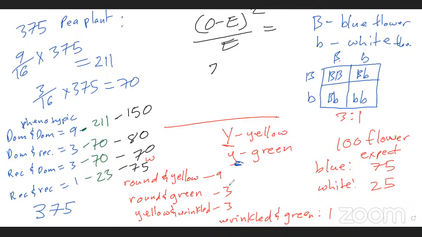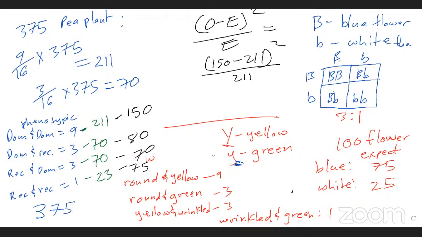So you must do 150 take away 211, squared, divided by 211.